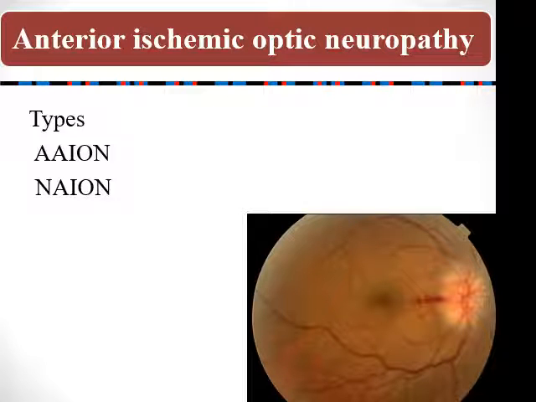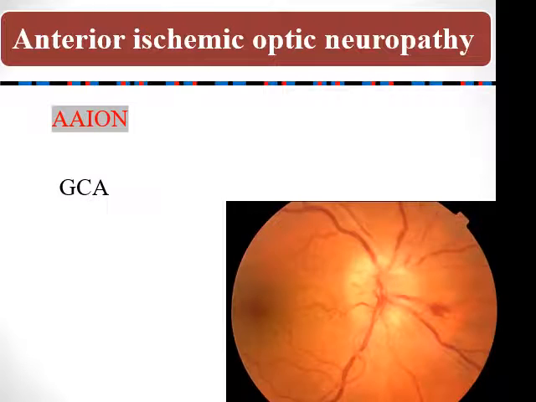Anterior ischemic optic neuropathy is either arteritic or non-arteritic. Arteritic is caused by giant cell arteritis. What is giant cell arteritis? It's inflammation of the large and medium-sized arteries.